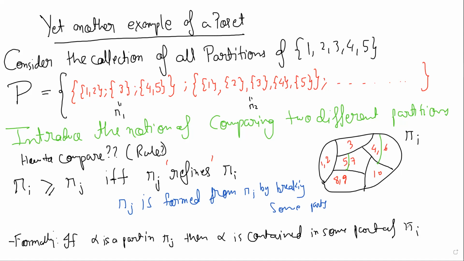This is just a translation of language. So any part of pi j is a sub part of pi i. Okay. So I think it took us some time to come to this. I was thinking we'll do it more quickly.